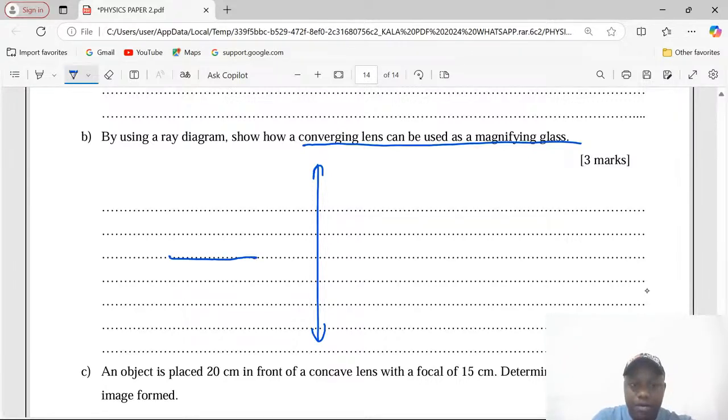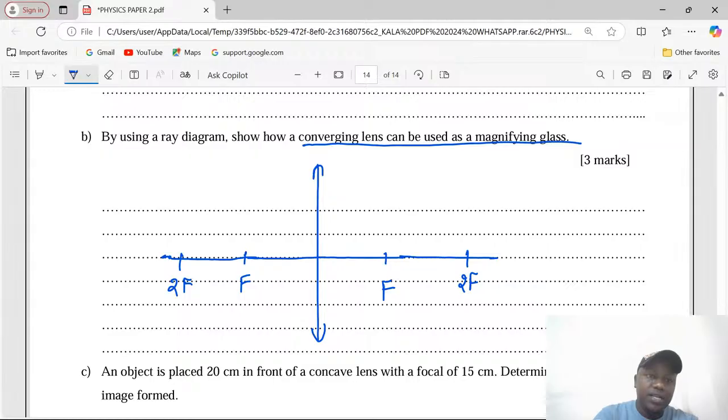Then we draw a straight line, which represents the principal axis. Along this we have F, then at an equal distance 2F, then on the other side, at equal distances, F and 2F.